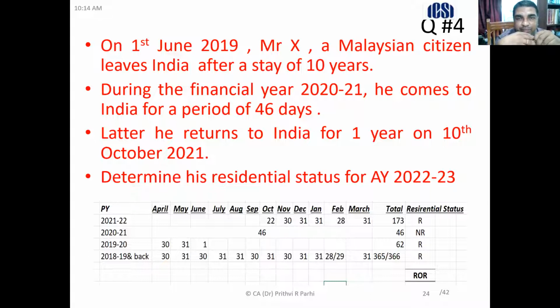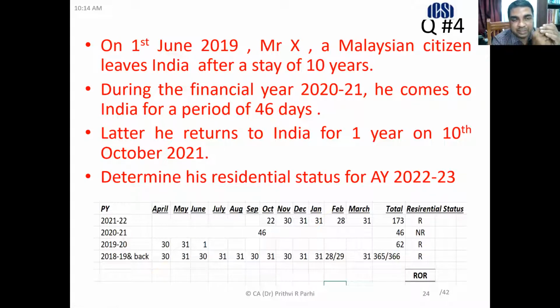He leaves India on 1st June. So he is staying on April 30 days, May 31 days, June 1 day. So 62 days. And prior to that, 1819 and back, he has been staying in India. So 365 days or 366 days, depending upon the leap year concept.